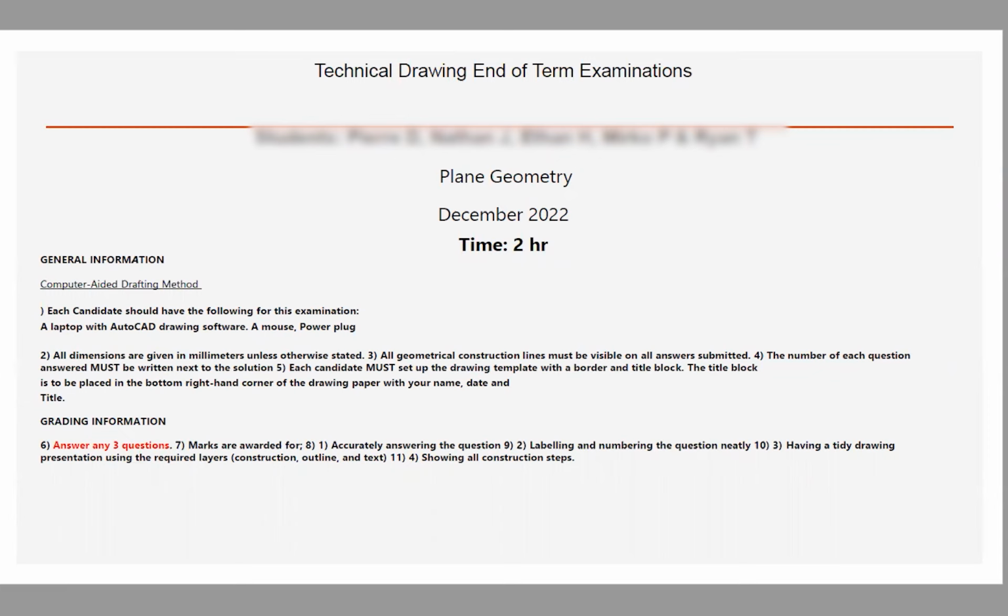All geometrical construction lines must be visible on all answers submitted. The number of each question answered must be written next to the solution. Each candidate must set up the drawing template with a border and title block. The title block is to be placed in the bottom right-hand corner of the drawing with your name, date, and title.